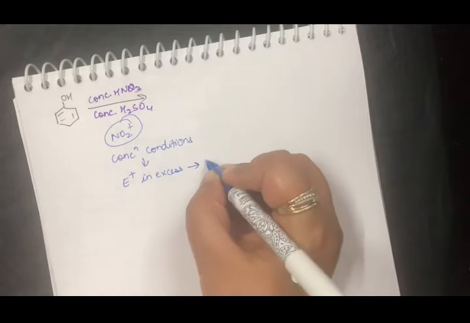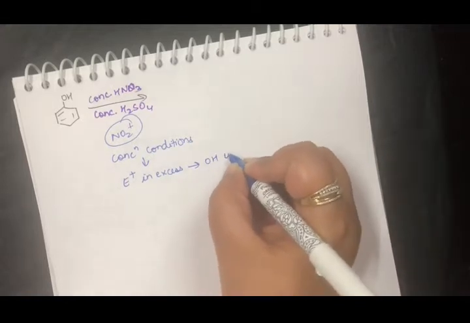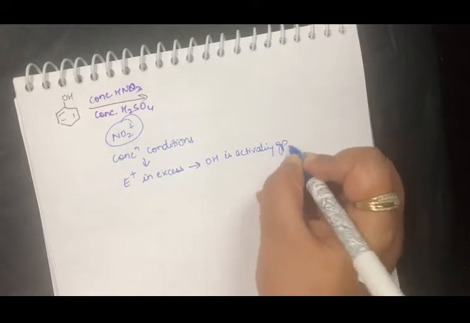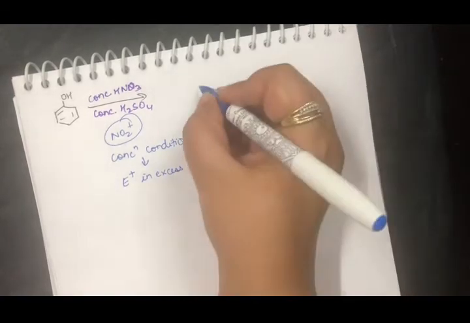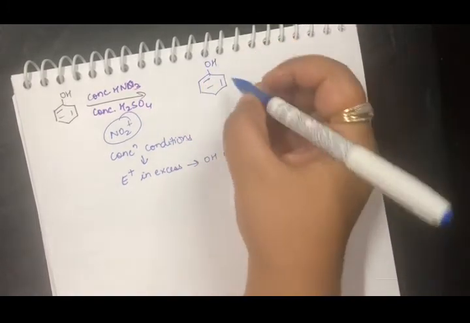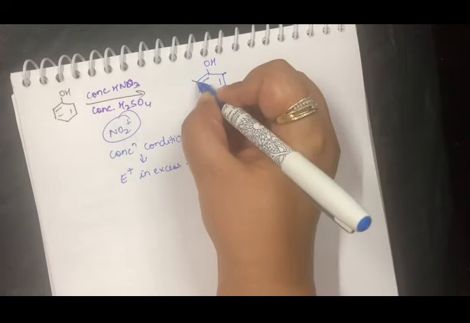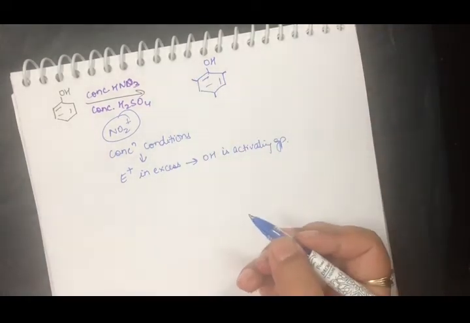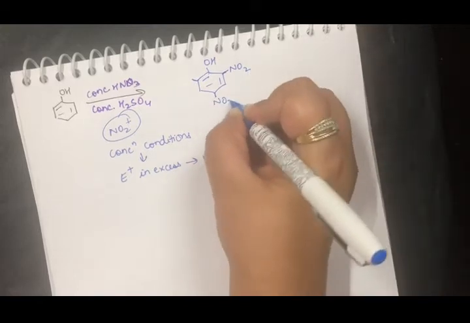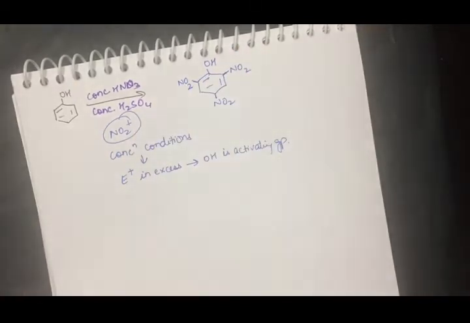And you knew that OH is your activating group. So now, when so much electrophile was used, it has activated all the three positions. What three positions? Both the ortho and the para. So now the attack will occur at all the three positions together.